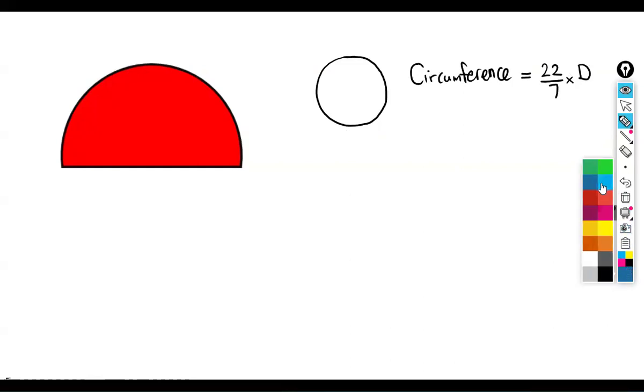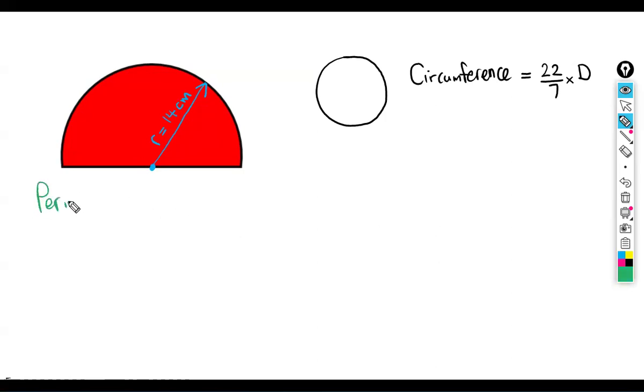If you have a semicircle, remember, semicircle is half of a circle. Let's say the radius of this semicircle, let's call it 14 centimeters. Here's the question, and it's a trick question, so don't do it too fast.